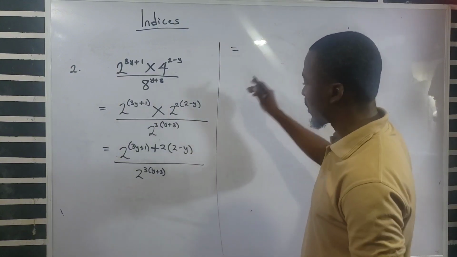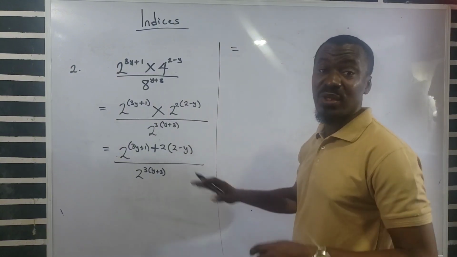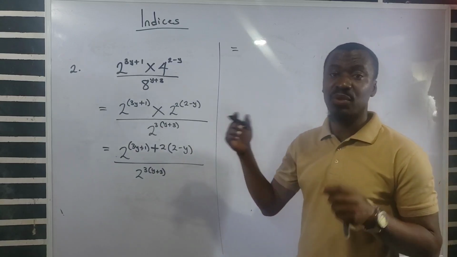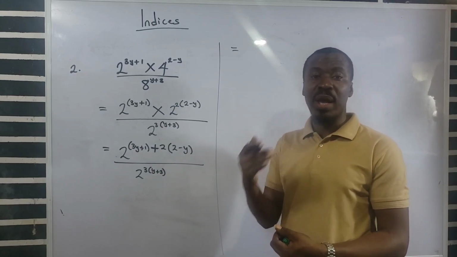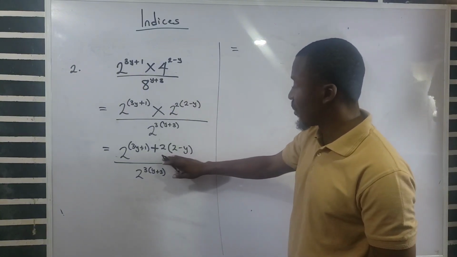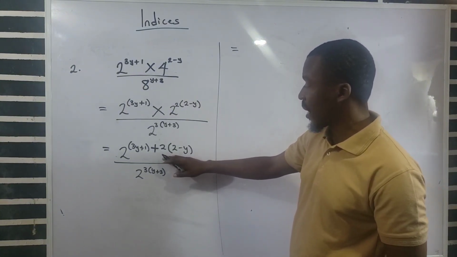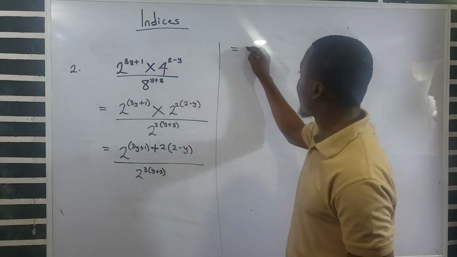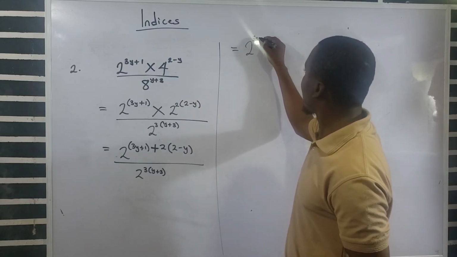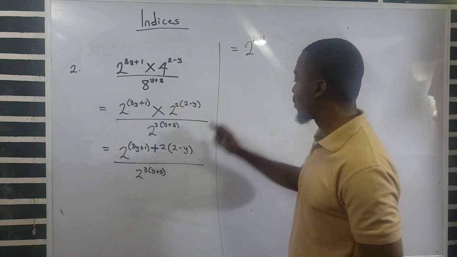So that will give us, you can open your bracket first, whichever way you want to do. If I'm the one solving, I will do everything at the same time so that I can save time while solving questions in examination. So let's do it step by step for now. So open this bracket. So I have 2 into 3y plus 1. So open this bracket here.